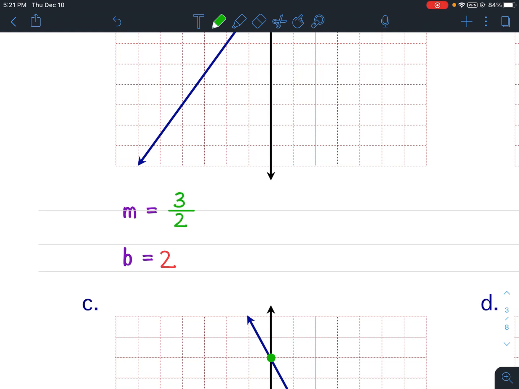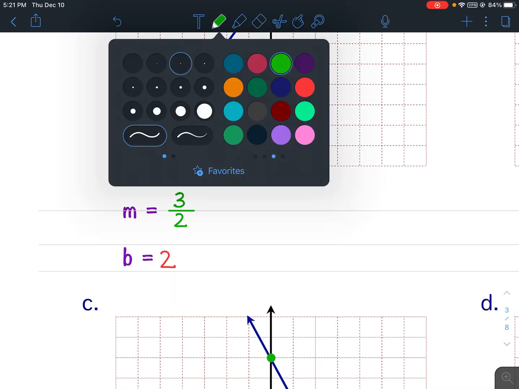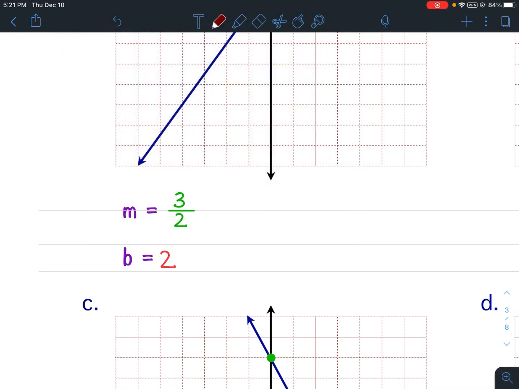So now that I have my slope, which is 3 over 2, and my y-intercept, which is 2, I can write my equation. Remember, y equals mx plus b. So m goes in front of the x.